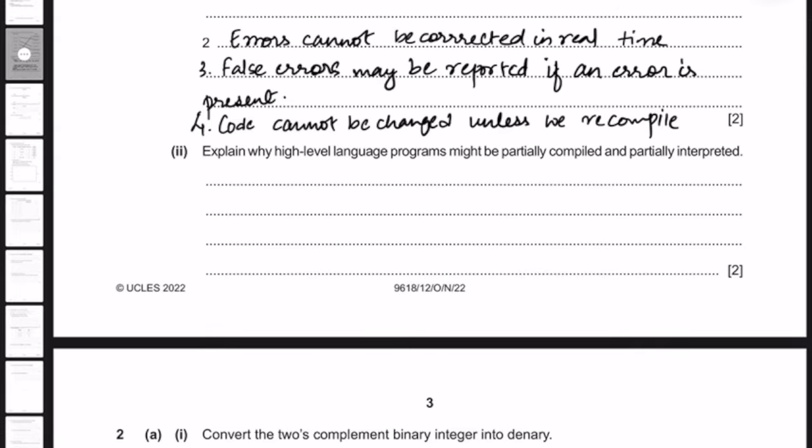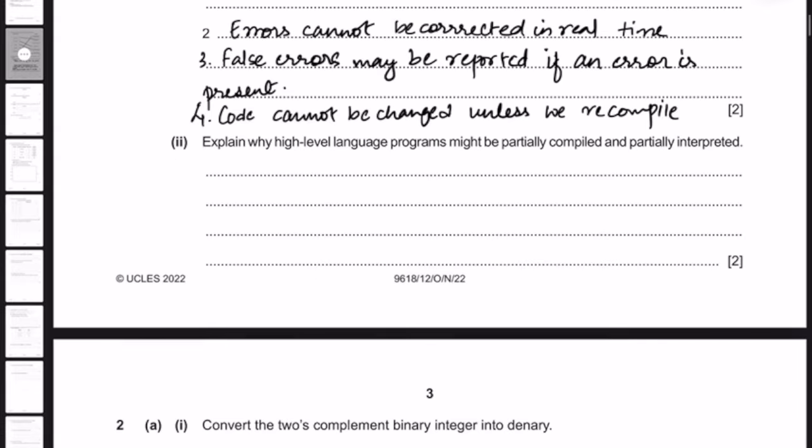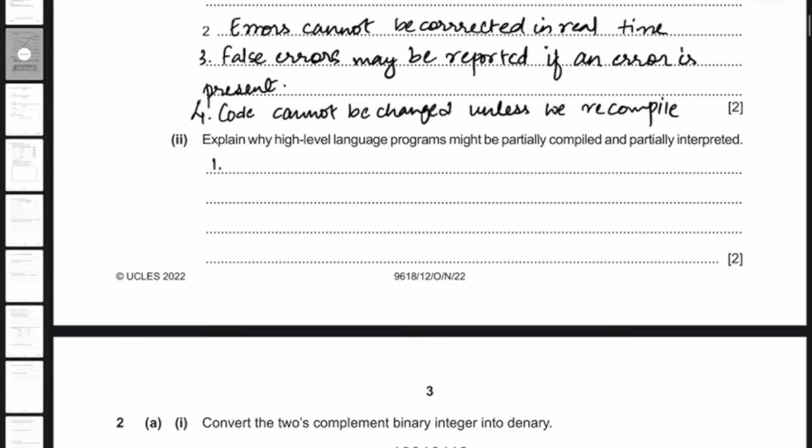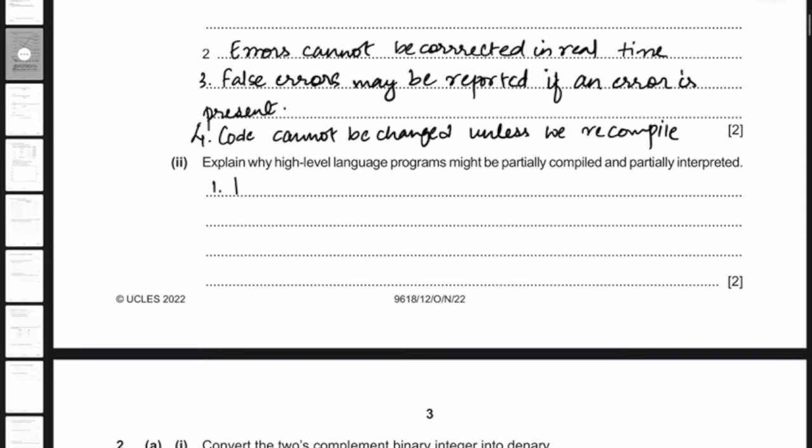Explain why high-level language programs might be partially compiled and partially interpreted. So firstly, the machine code is generated at runtime, so it's optimum for the CPU.